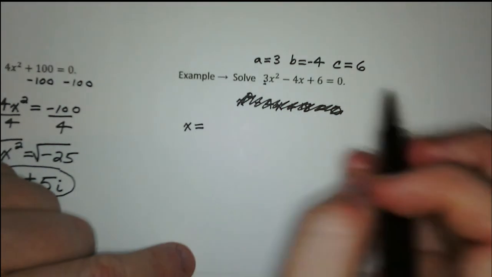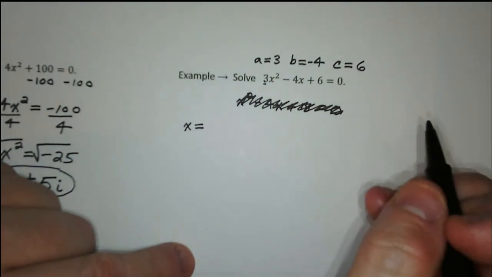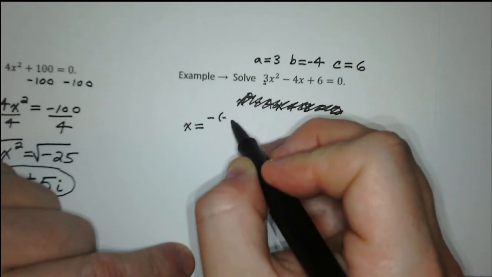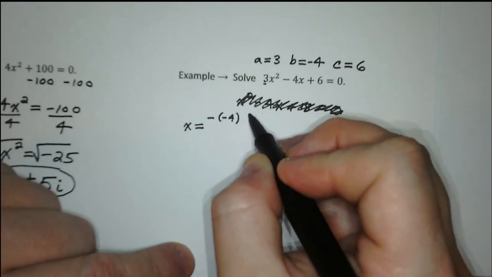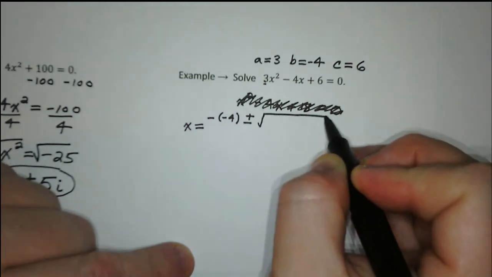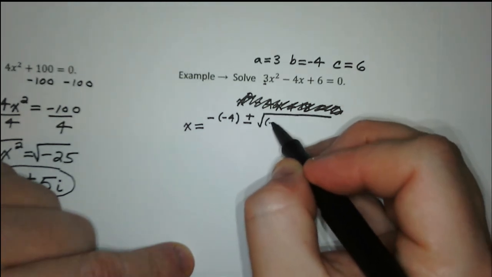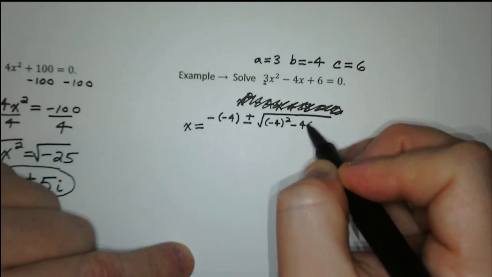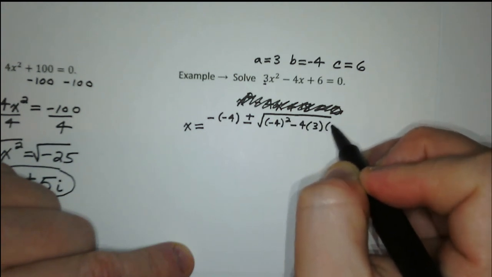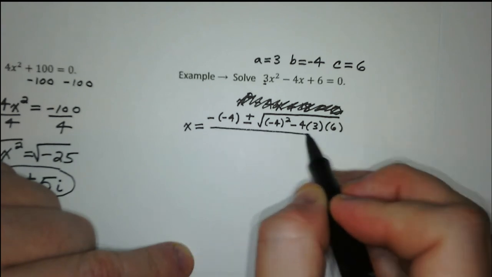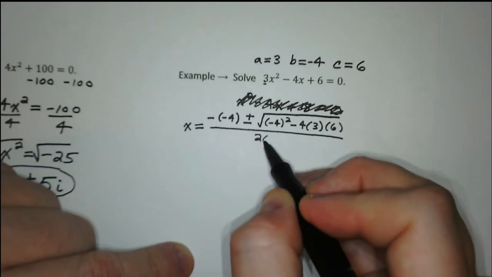Opposite of b, plus or minus the square root of b squared minus 4ac, all over 2a. Opposite, b is negative. Keep track of those negatives.